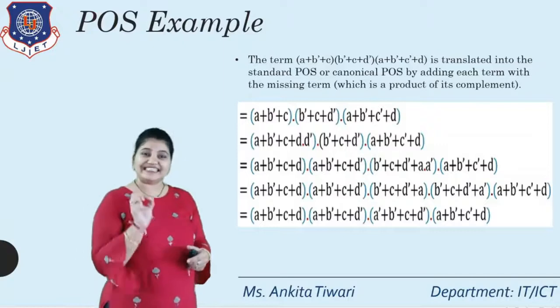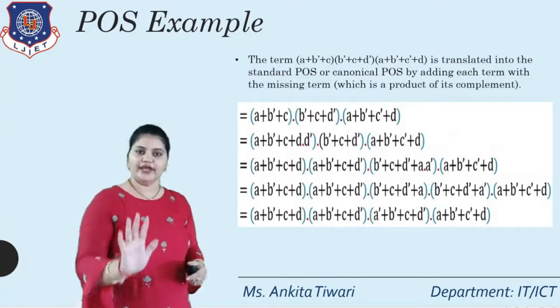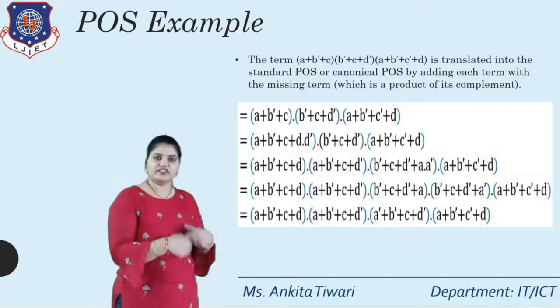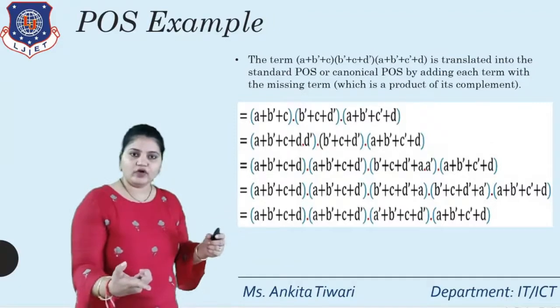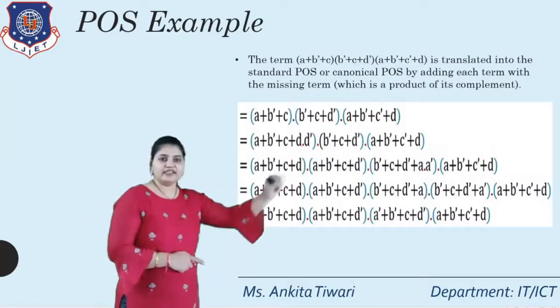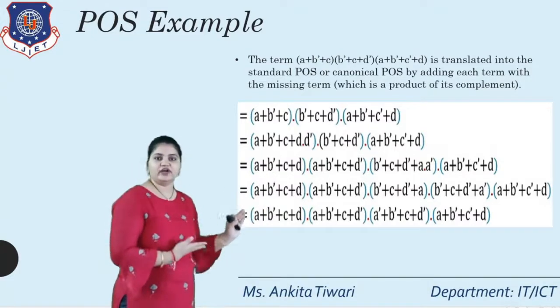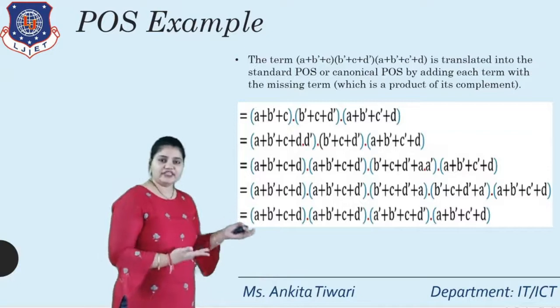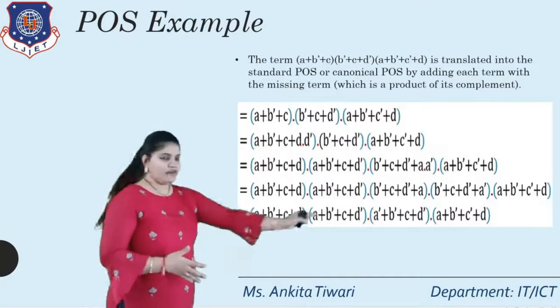So here we will suppose d dot d bar is equal to 0 in Boolean. So at the 0 position we will suppose d dot d bar, and now we will apply the distributive law between plus and dot, and we will get these terms. Now we will distribute all the terms and see if any term is repeating. If it is repeating, we'll keep only 1 and discard the other one, and we'll get the final answer.